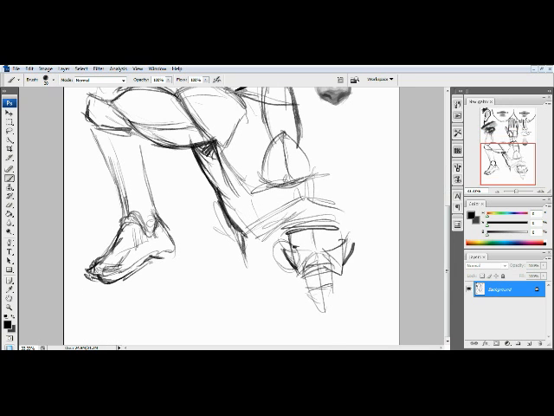Abdominals are form. They are bumps. They do not have lines on them. You can put lines, but do them softly, so you suggest that there's form there. But they're best done in form, because they do not have super freaking dark to black to white edges.